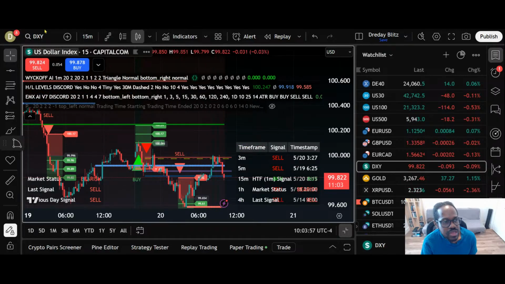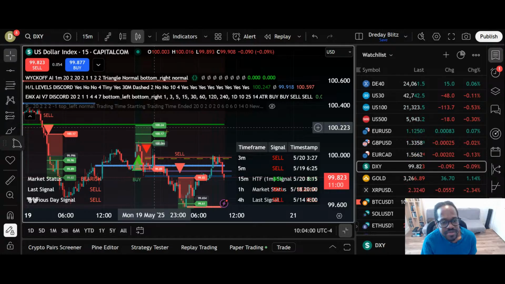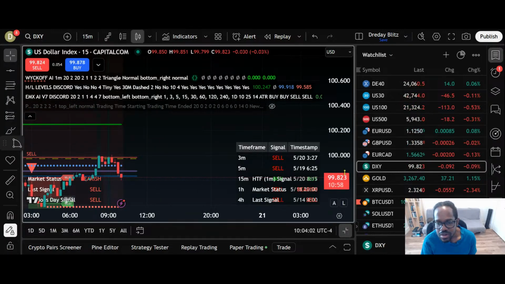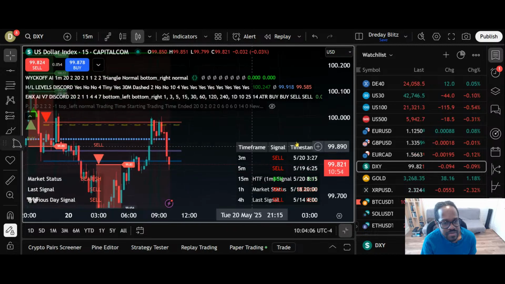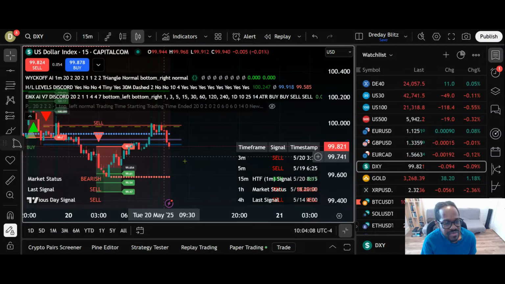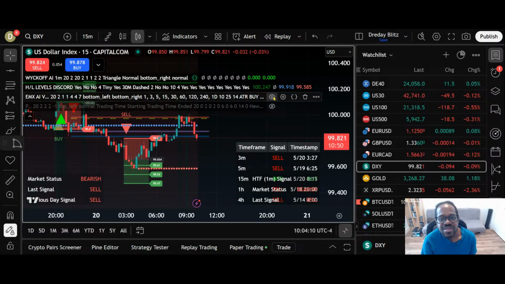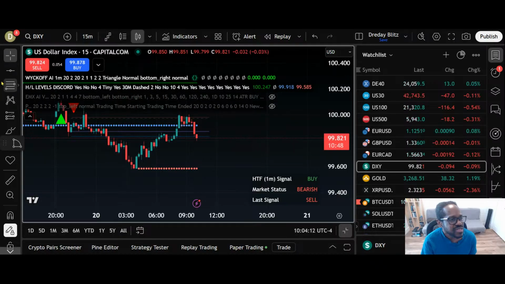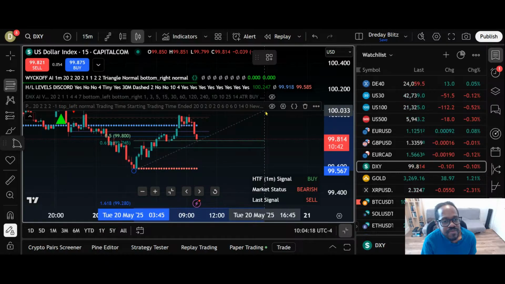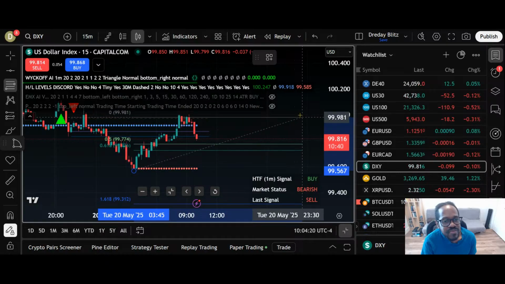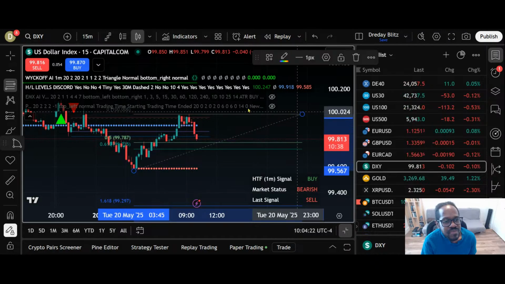So if we put a fib on that small retracement on the upside, I'm just gonna remove this, put a fib from that low to that high. All right.